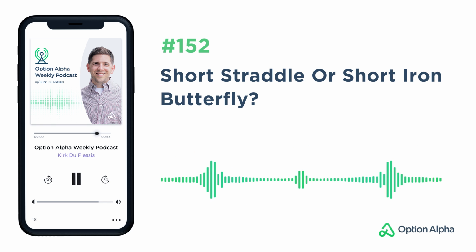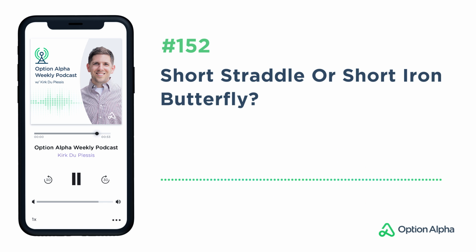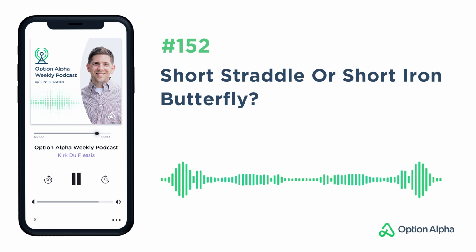So now you're looking at that and you're going, okay, if I could collect $500 and put up $10,000, that's a better ROI per unit of risk than if I did the other trade and had to do more contracts. So it's not just about how much margin is required to put up in the position. It's also about how much premium you collect as it relates to the margin.